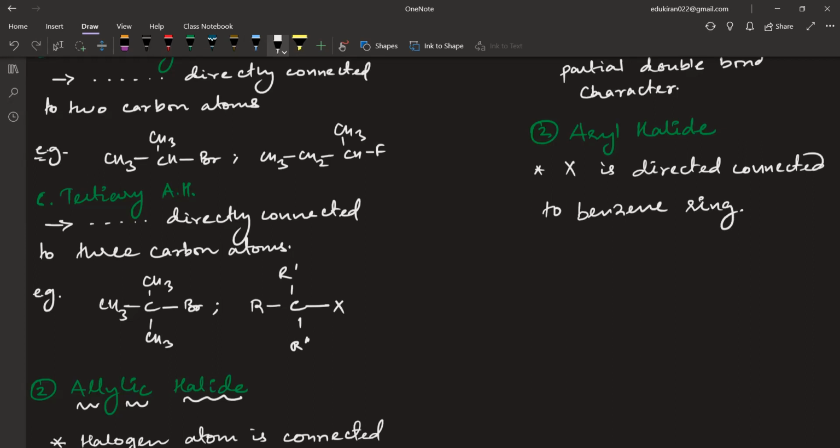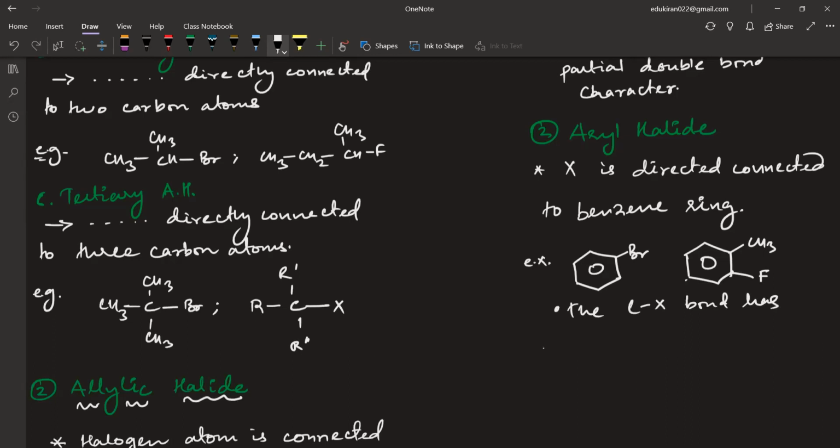Okay, these types of examples can also be there. Again, you can see that the C-X bond has partial double bond character. Correct? Yes or no? Please tell me. Yes, sir.